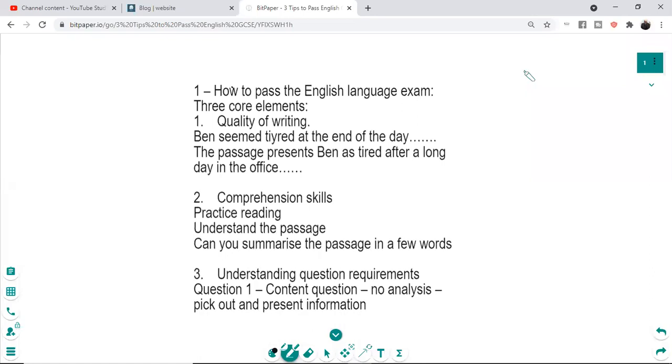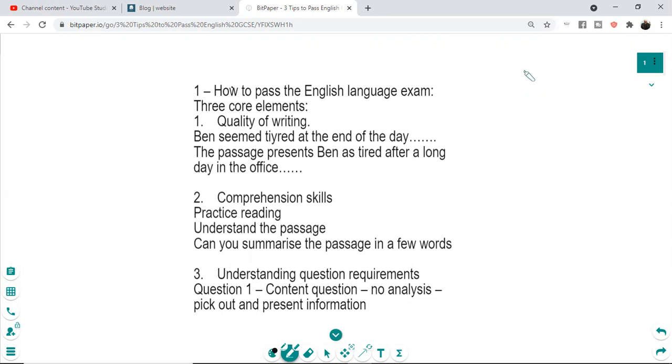Element number 1, quality of writing. What I mean by this is, on the English language paper, you could theoretically get all of the questions right.